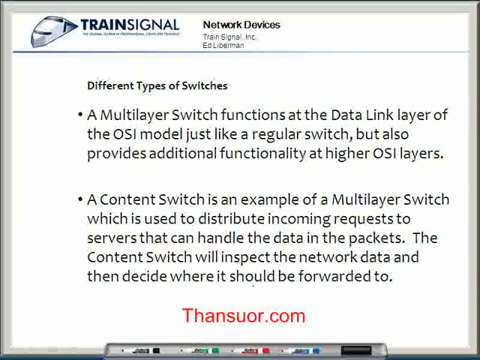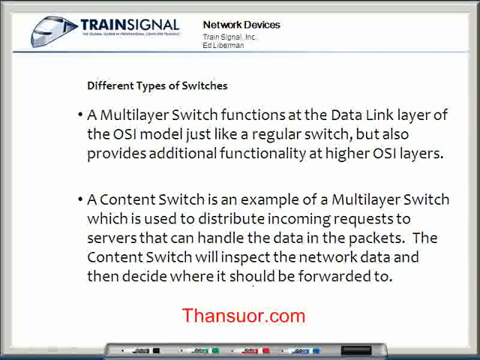But what has happened since the switch was originally created is people have come up with newer functionality that you can associate with switches. And I will tell you that many of today's switches aren't switches at all. Matter of fact, they tend to be multi-function devices. In other words, they will act as a switch, but they might also act as a router.